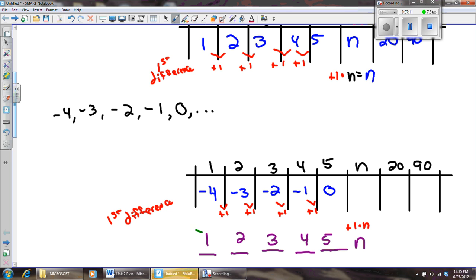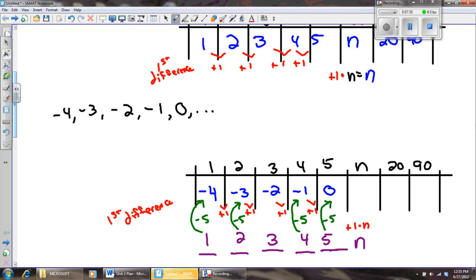How do I turn 1 into negative 4? Well, I subtract 5. How do I turn 2 into negative 3? I subtract 5. How do I turn 4 into negative 1? I subtract 5. How do I turn 5 into 0? Subtract 5. You see how if my answer were n, I'd have to subtract 5.